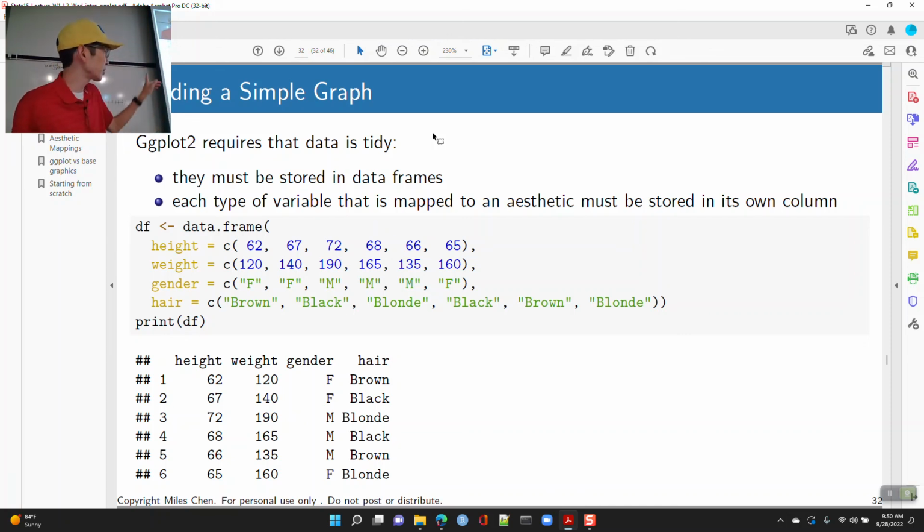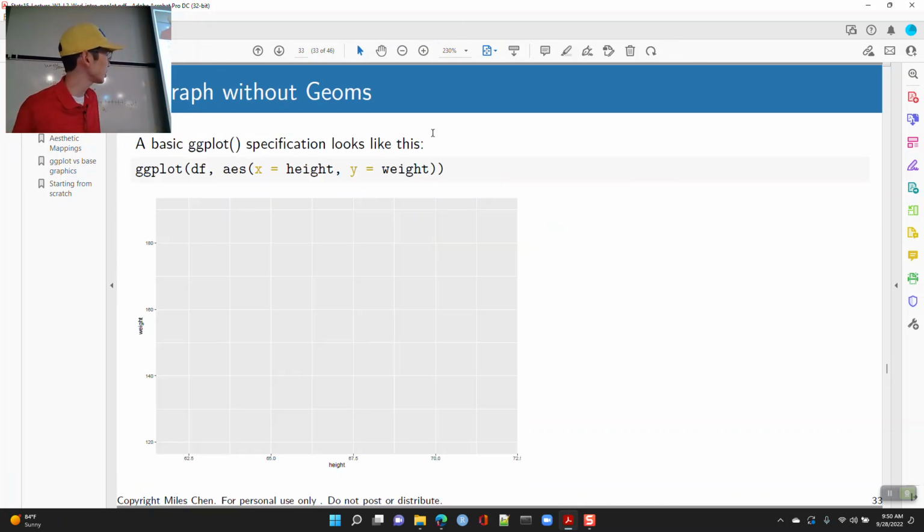All right, starting from scratch, if I just do this, I said data frame, aesthetic mapping height to x and weight to y, it looks at the data and creates axes for us, with natural limits on each end. But I didn't add any geometries. I didn't say create points or lines or anything, so it just starts off blank.